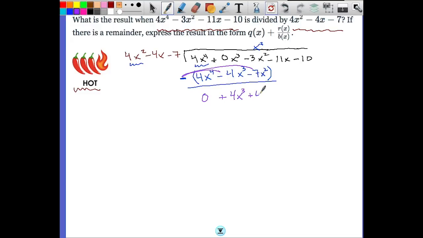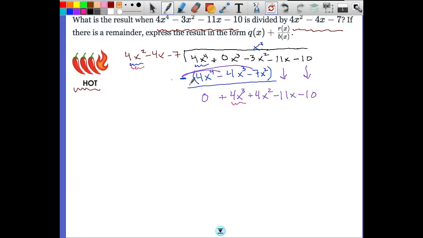So that's going to be 4x squared. Slow those steps down. After you subtract, bring all of the remainder down. We're estimating this dividend. We're making it smaller. Now it went from a fourth degree to a third degree. Our steps from here are the same. We're just going to repeat.